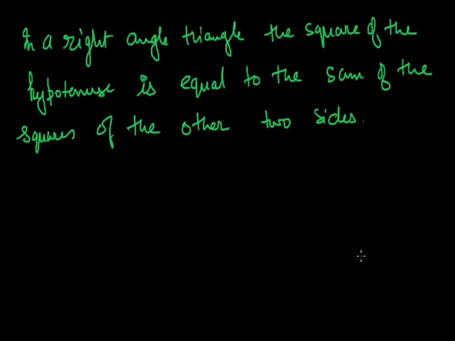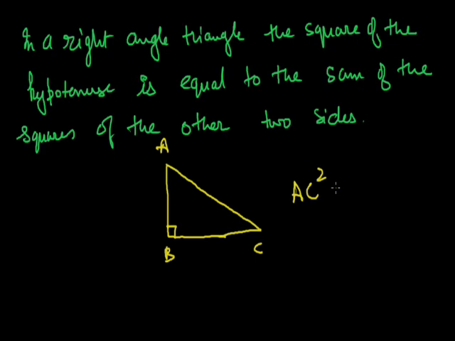That is, if ABC is a right angle triangle, right angled at B, then according to Pythagoras theorem, AC square is equals to AB square plus BC square. This is known as the Pythagoras theorem.